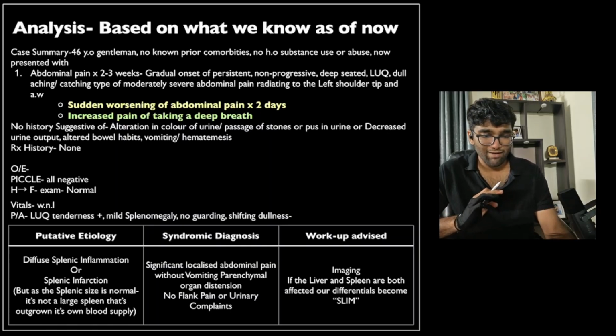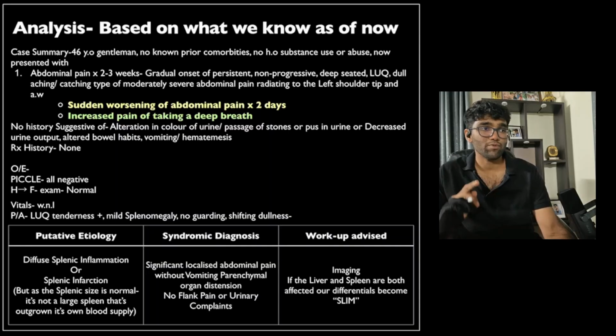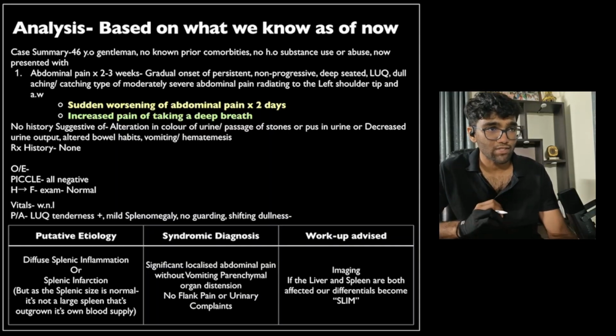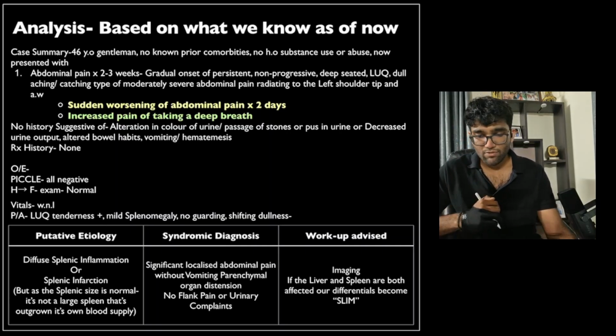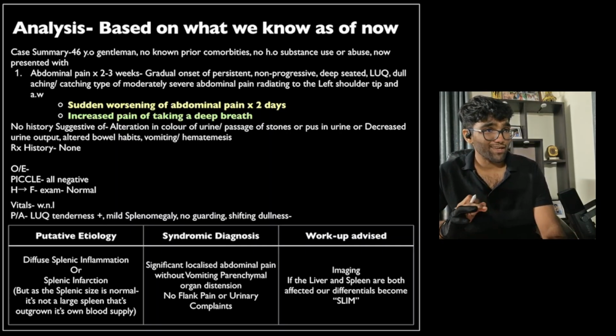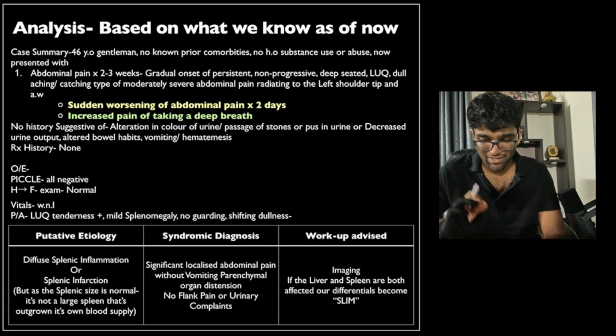That would make our differentials slim. Okay, and that would be very important. So again, in the different clinical scenarios that we've discussed, that would help us narrow down the differentials very significantly. So that would be enough for this particular discussion.